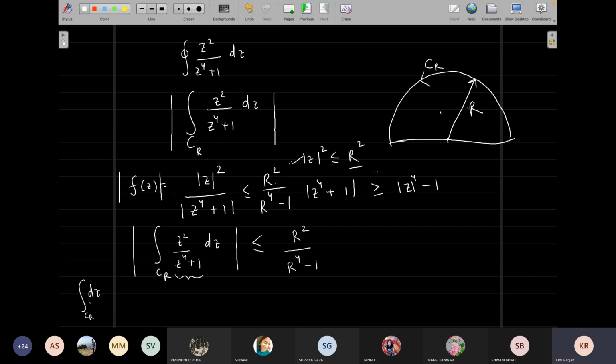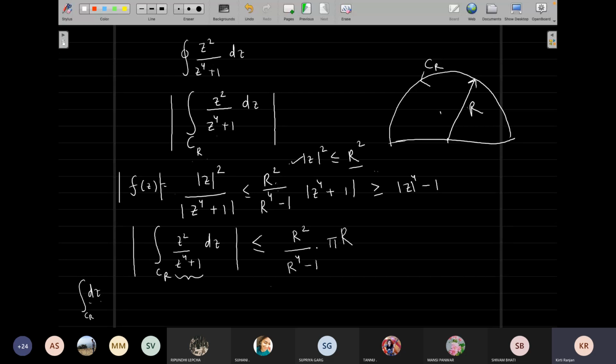It will be bounded by 2 pi R if it were the complete circle. Since it is a semicircle, it will be bounded by pi R. So the whole second part is bounded by R square over R^4 minus 1 times pi R. Why do we want to write this down? Because this integral is completely bounded by this term, and we need the behavior of this term in the limit R tends to infinity.